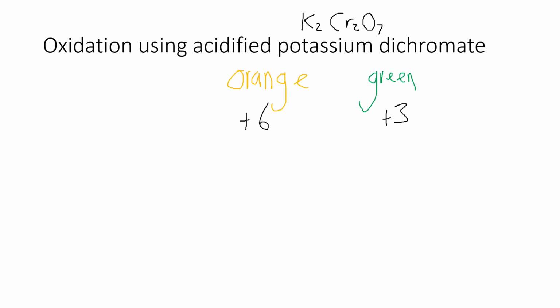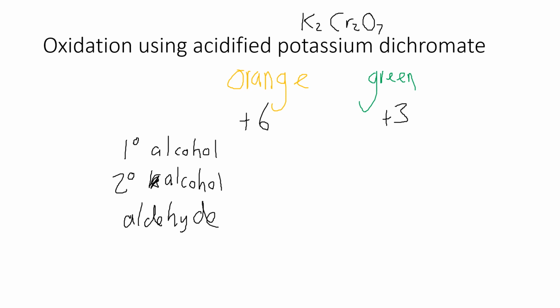So what functional groups would this work with? Well, basically anything that can be oxidized. You could work this with a primary alcohol; that would give a positive test with this. A secondary alcohol would as well; it would get oxidized to a ketone. And you could do it for an aldehyde as well.